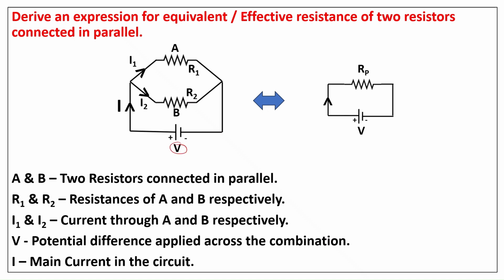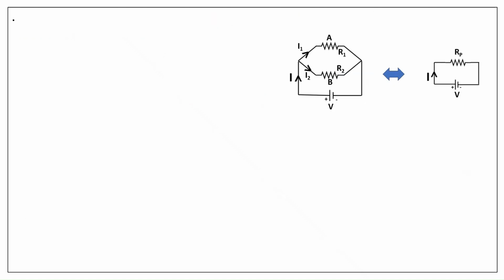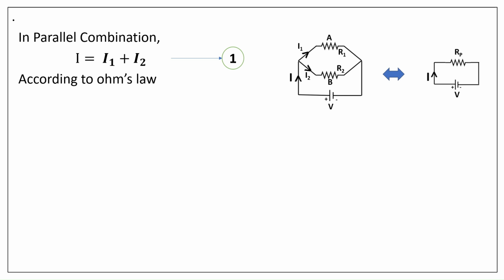V is the potential difference applied across the combination. I is the main current in the circuit. In parallel, the potential difference across each resistor is the same. In parallel combination, I is equal to I1 plus I2. Mark as equation 1. According to Ohm's law, V is equal to IR.